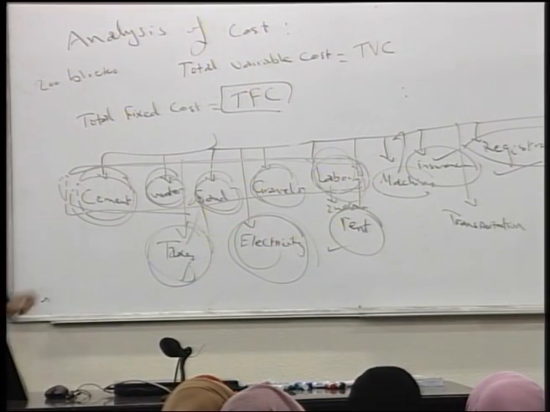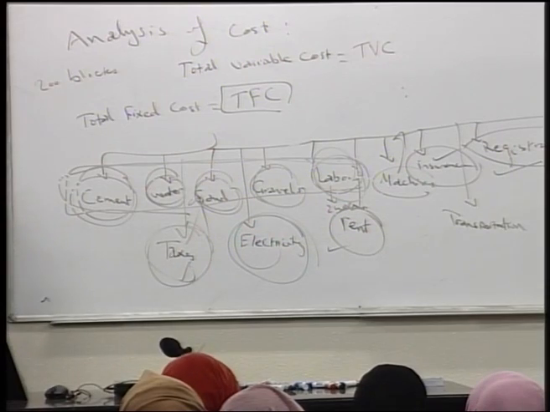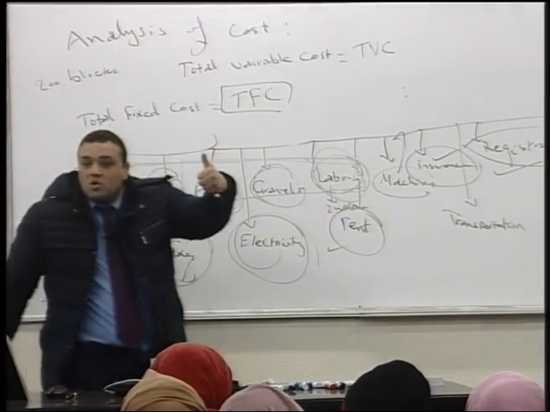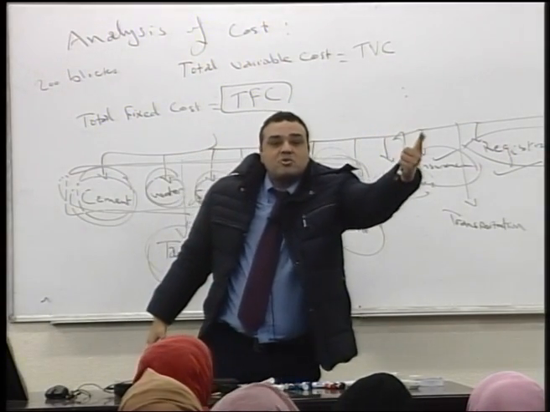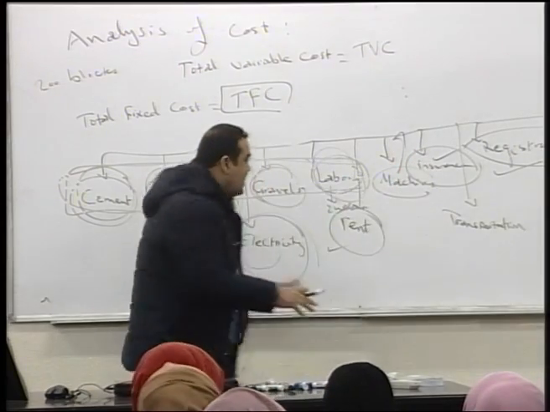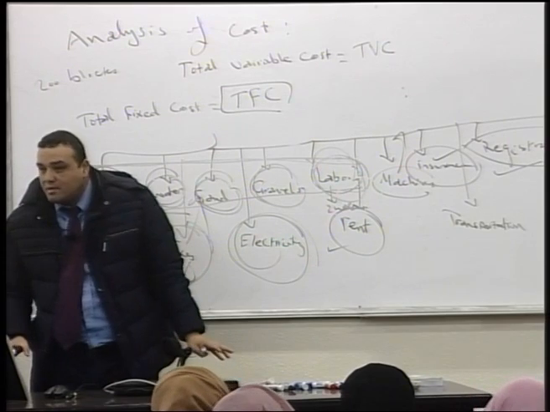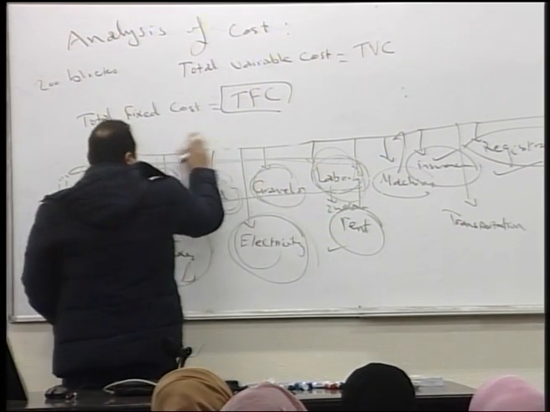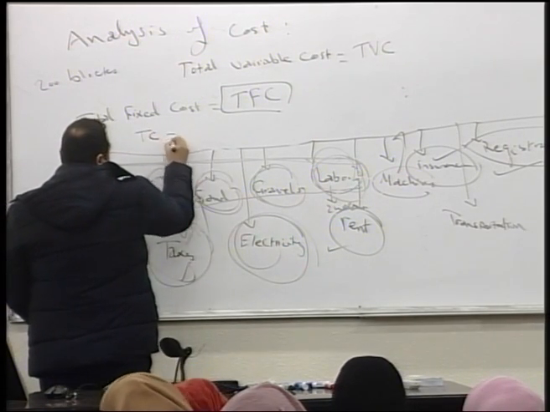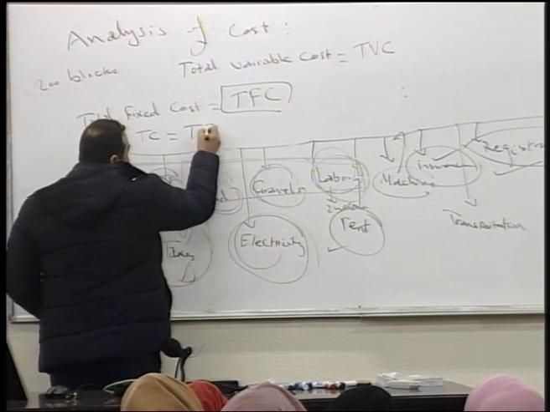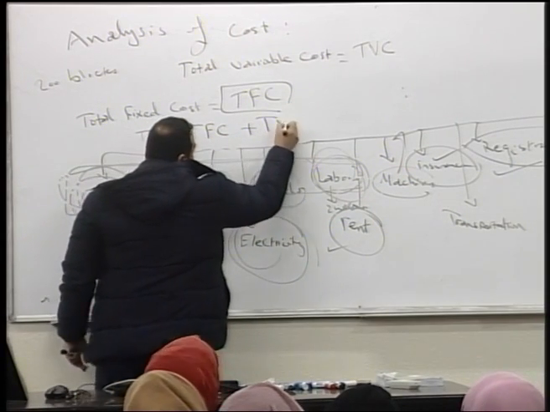The total cost is the total variable cost plus total fixed cost. All these costs together are called total cost. TC, total cost, equals total fixed cost plus total variable cost.